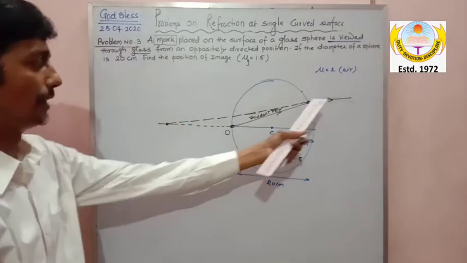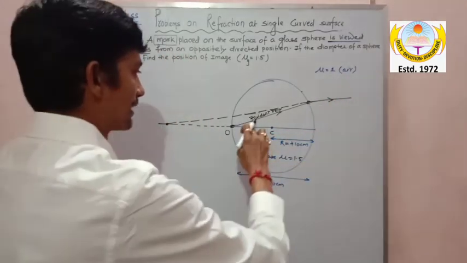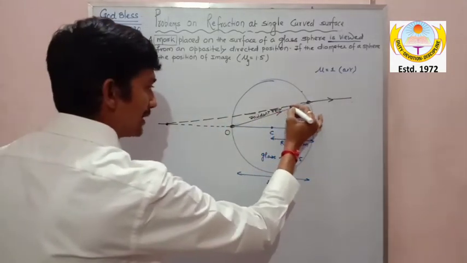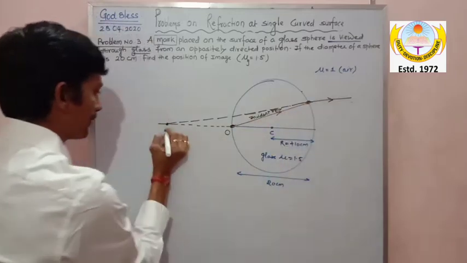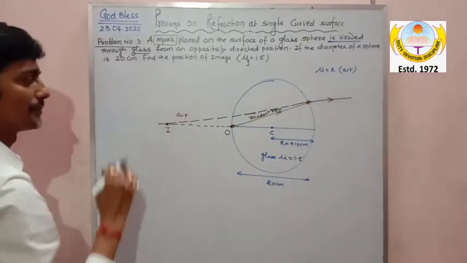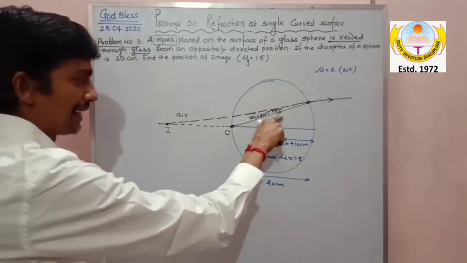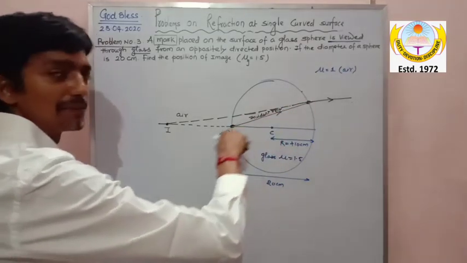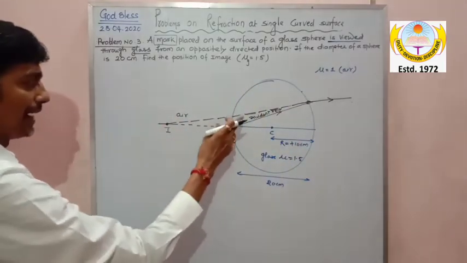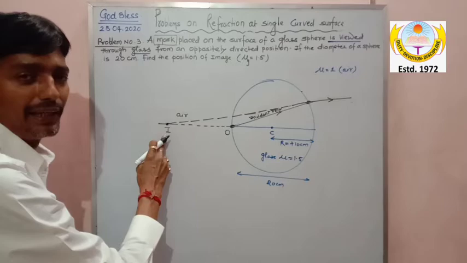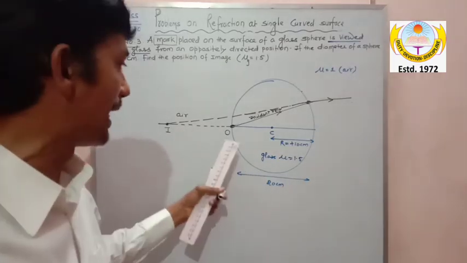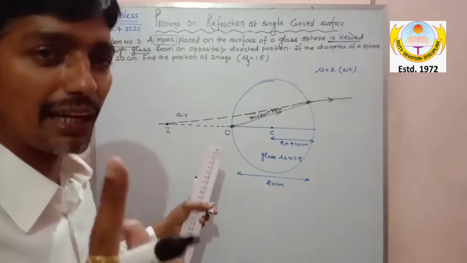Here you can see the image, and this is your incident ray. So my dear, you can see the image is on the same side of the object and it is forming in the air medium, whereas the light is traveling in the denser medium. The image is obtained in the rarer medium, and no doubt the image is on the same side of the object, so it is a virtual image.